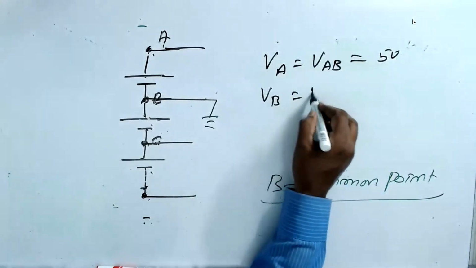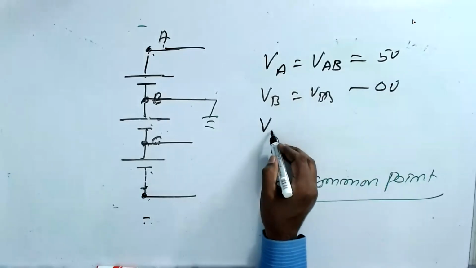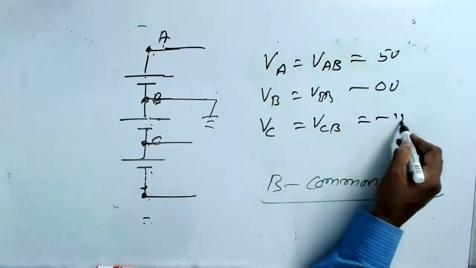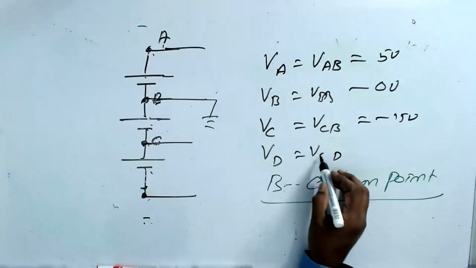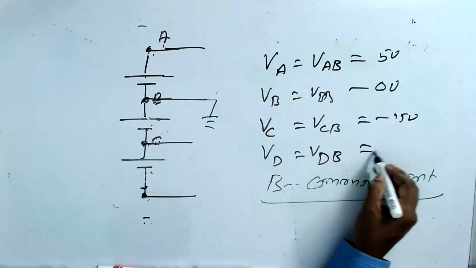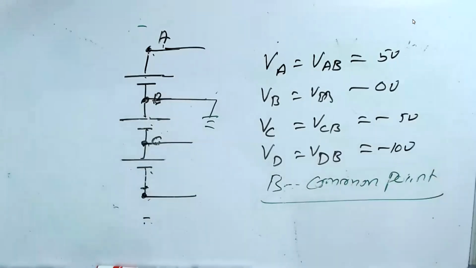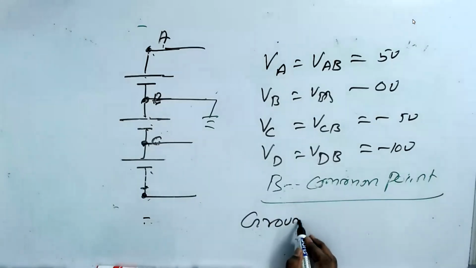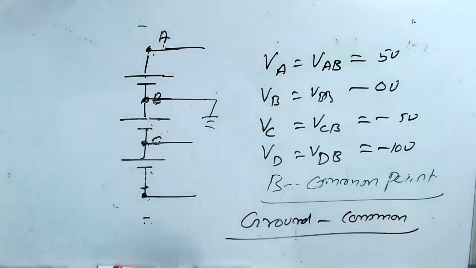VB is equal to VBB, same point, 0 volt. VC means VCB is equal to minus 5 volt. VD means VDB is equal to minus 10 volt. It's 2 batteries. So a ground is a common point. Please understand. Ground is a common point.